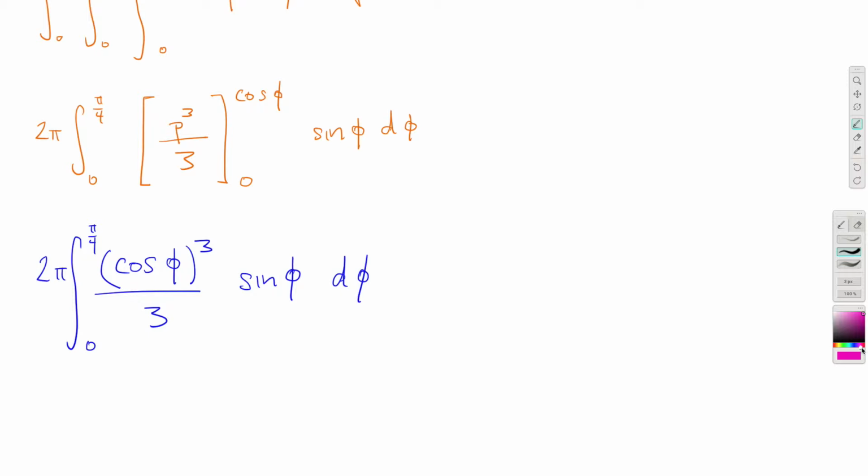Now what do you do? Well, now you have 2 phi's that you have to integrate. So let u equal cos phi, then you can go du d phi equals negative sine of phi. Yes, negative. Then you can go, well, d phi equals du over negative sine of phi.